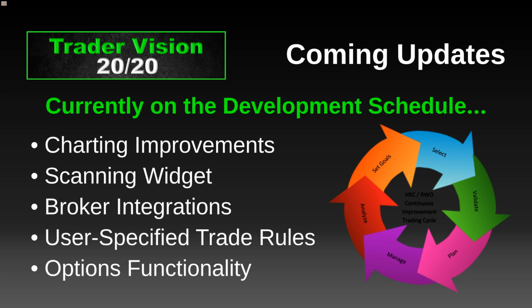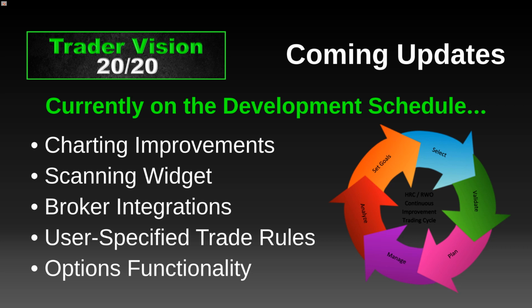And then, of course, all these charting improvements will help with the scanning widget, because the charting package will be used to review the results of the scans. And we have another developer working on that as well, and he's burning the midnight oil, so we're hoping to get close to demoing something in the next few weeks. So that's where we're at.